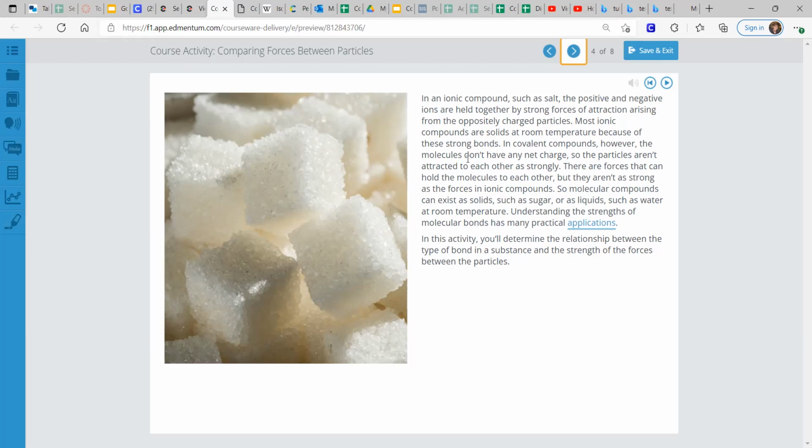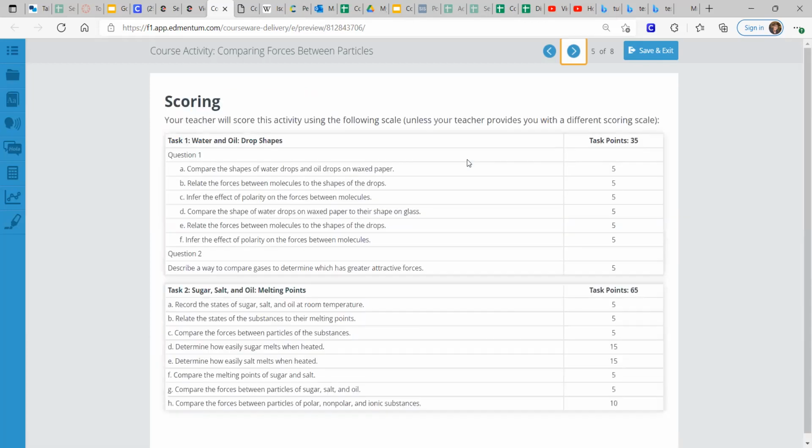In this activity, you'll determine the relationship between the type of bond in a substance and the strength of the forces between particles. Here's the scoring. For task 1, water and oil drop shapes, sugar, salt, and oil melting points for task 2.